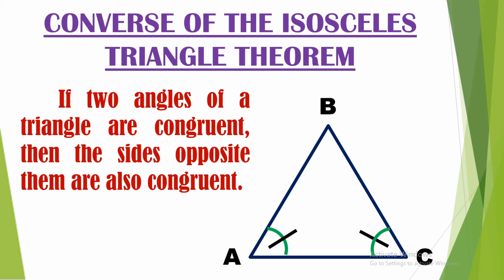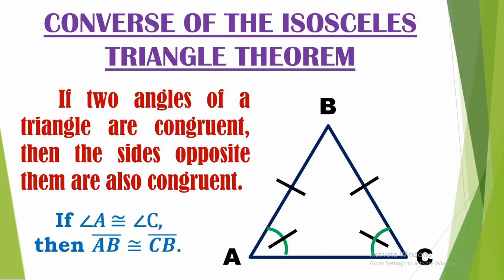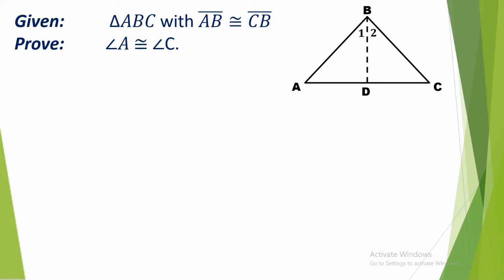So the side opposite to angle A, that's segment BC, and the side opposite to angle C, that's segment AB, are congruent. In symbols, we have if angle A is congruent to angle C, then segment AB is congruent to segment CB.